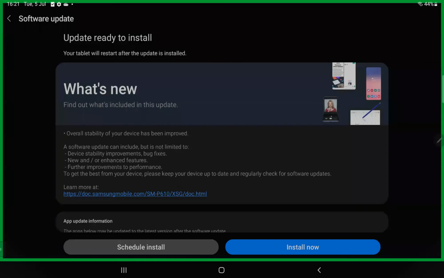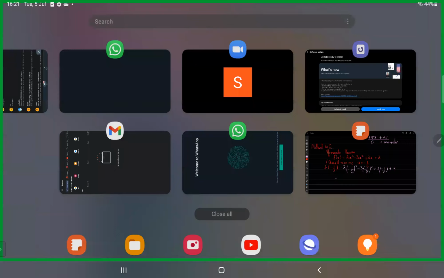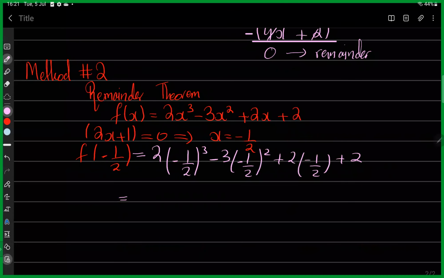This would give you minus 2 by 8, then positive 3 by 4, then negative 1, then positive 2.